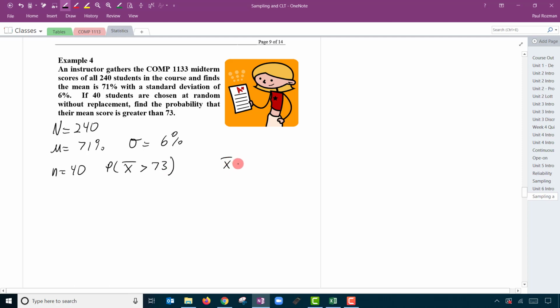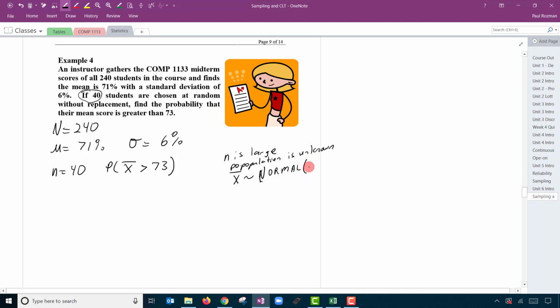Now, my X bar is probably still distributed normal because n is large. The population isn't known here, although I could have plotted it. But that still, by the central limit theorem, gives me a normal distribution.